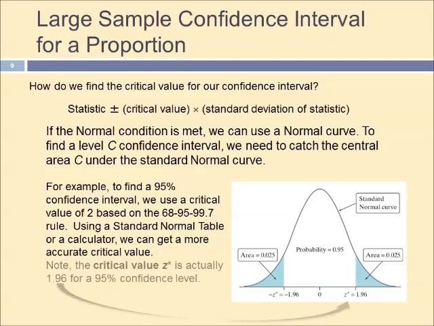So here for a 95% confidence level, as we had before, the critical z value is 1.96. Notice in this case we're using the z table and not the t distribution, because these are normally distributed.